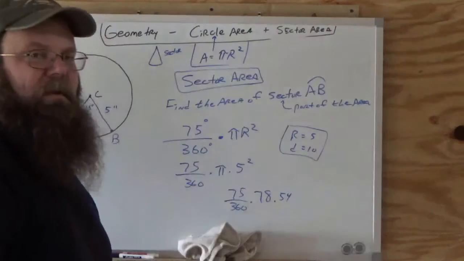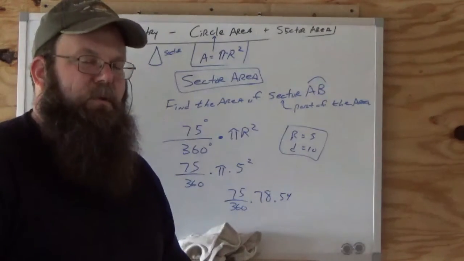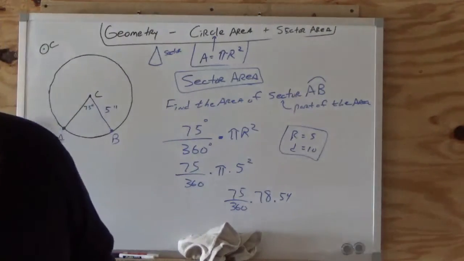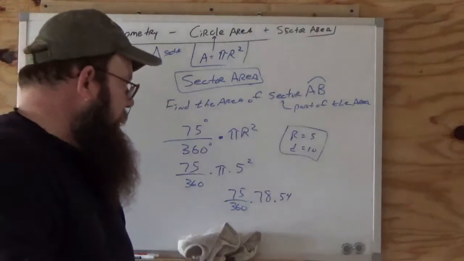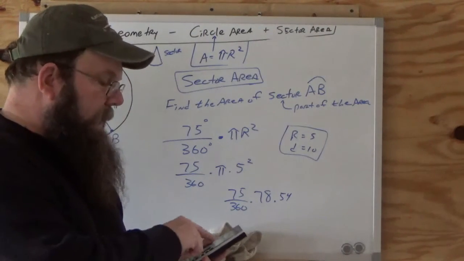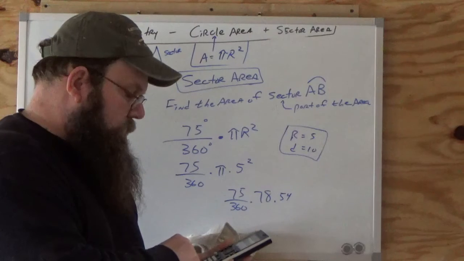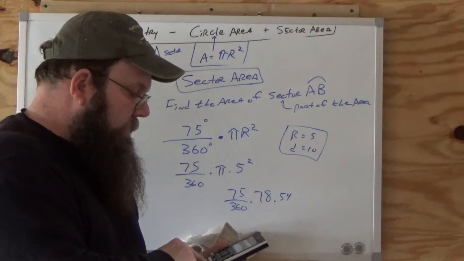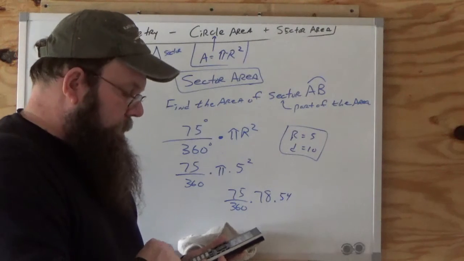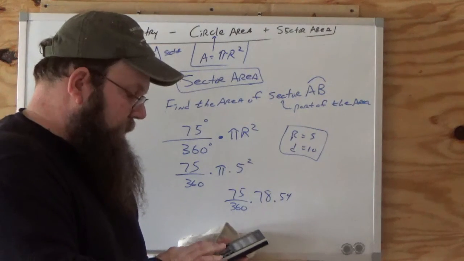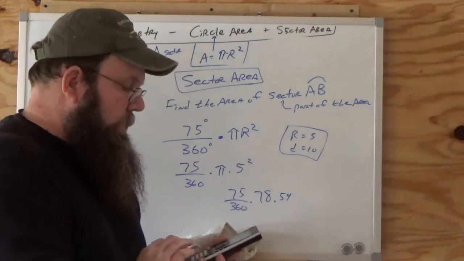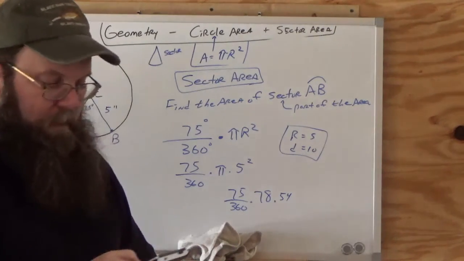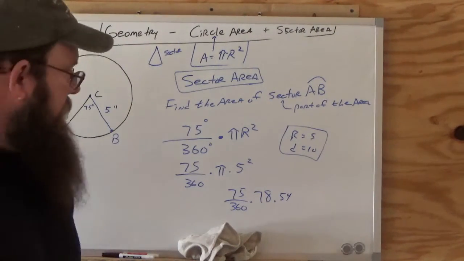75 over 360, not an easy reduction of a fraction. But let's get this one as a decimal. So we got 78.54 times 75, boom. And then we're going to go divided by 360, and we got about 16.36.